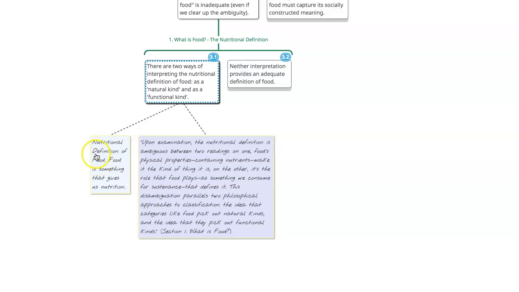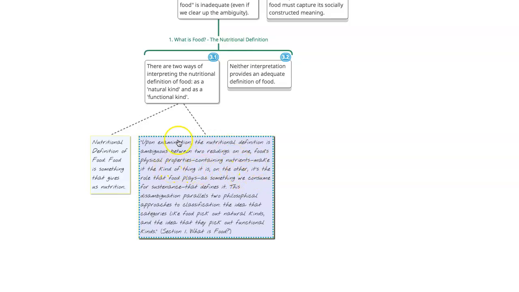So recall, the nutritional definition of food is that food is something that gives us nutrition. That's it. This is a common sense way of thinking about food, and if you look in the dictionary, that's what we find. Here's what Plakias says. Here's a quote. "Upon examination, the nutritional definition is ambiguous between two readings. On one, food's physical properties, containing nutrients, make it the kind of thing it is.